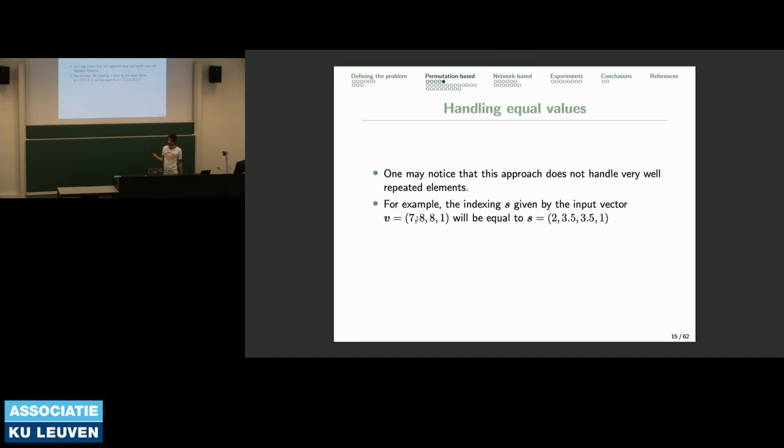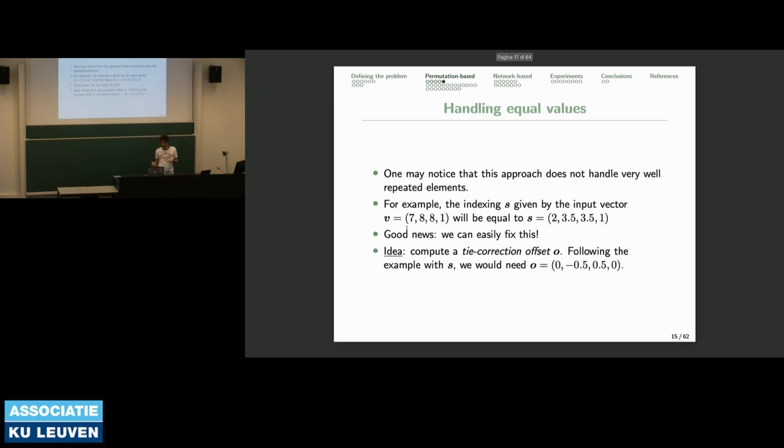The thing is, this approach doesn't really fit repeated elements, because if we put 7, 8, 8, 1, we'll get that indexing, which is not what we want, actually. So there are 2 news. The first one is a good one. We can almost easily fix this.